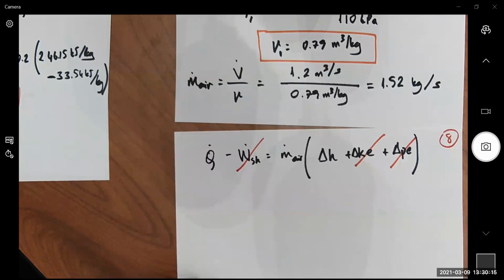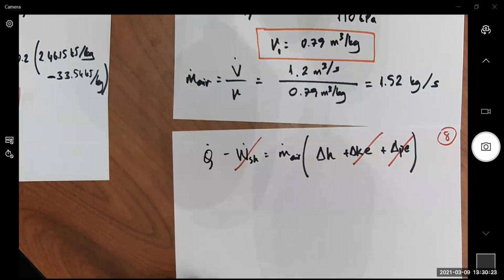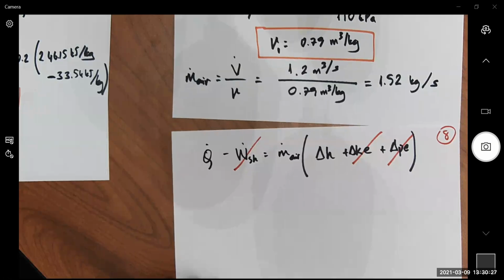You find H1 from the table. Okay, what is it? How would you count it? Using specific volume and temperature. Specific volume times temperature? There is no such thing. Well, I meant interpolate.